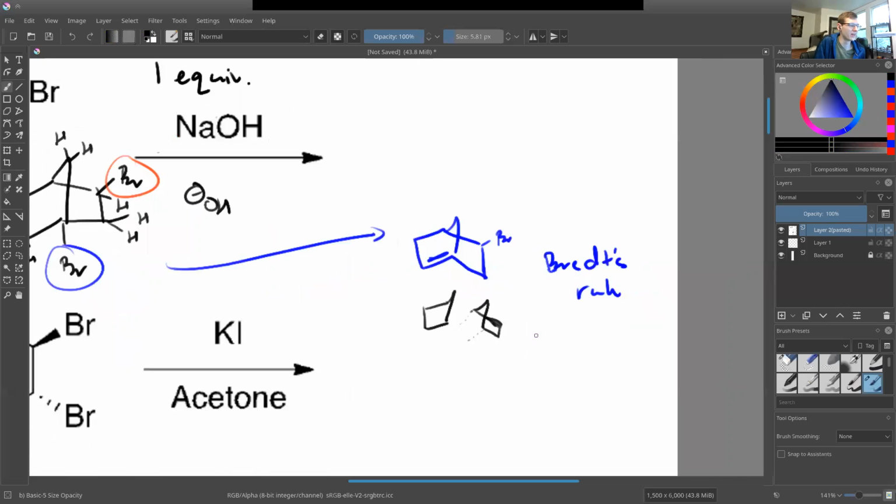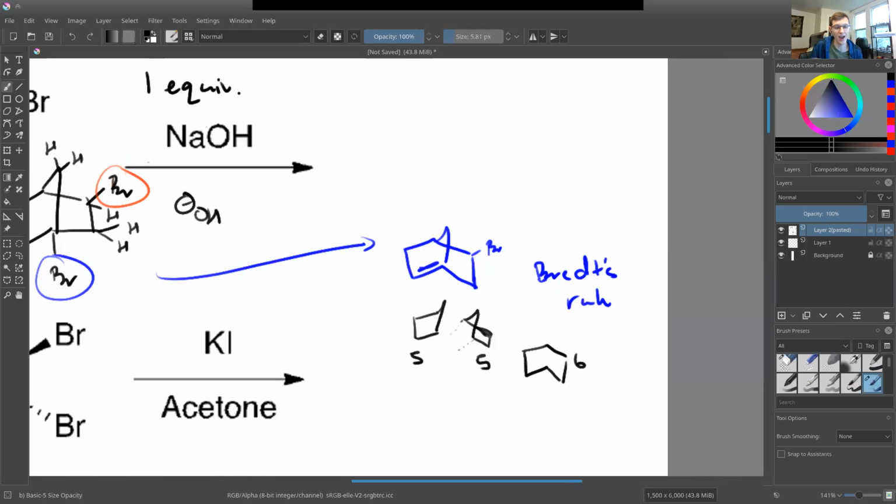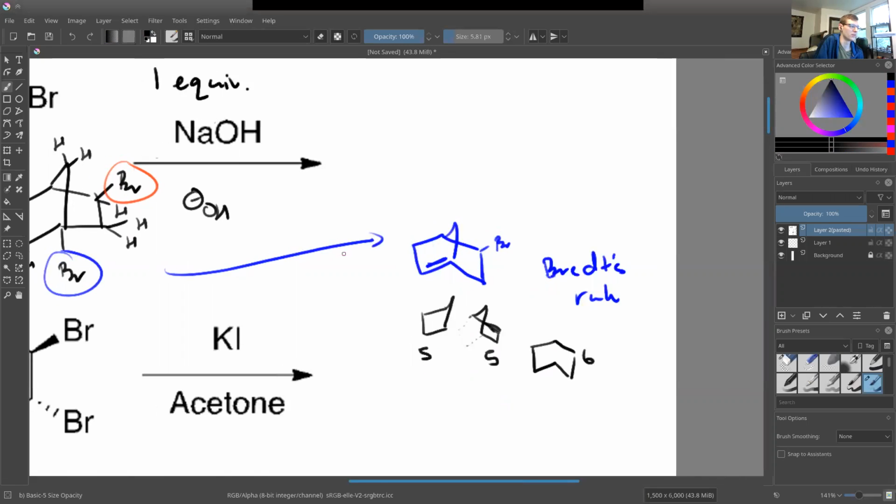And then we also have the flat one. So this ring has 5, this ring has 5, and this one has 6. And Bredt's rule says that we can only have a double bond at the bridgehead if one of these has at least 8 carbons. Okay. And so we can't do this.